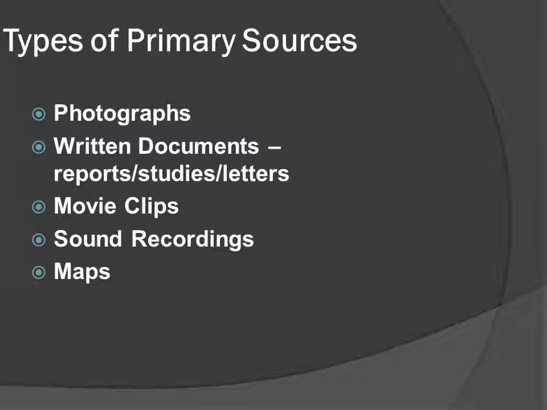The Library of Congress has a wonderful bank of oral histories that was conducted, many of them during the 1930s, of individuals who recorded the history of individuals who lived during the late 1800s, early 1900s, and so forth. Maps of the time period.